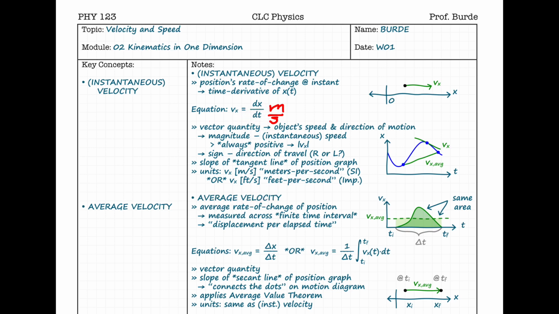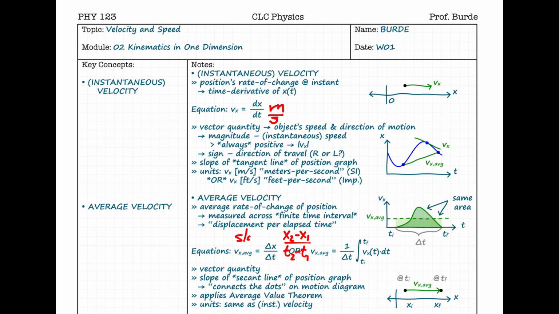So our average velocity can be found by looking at the total displacement over the total time that elapses during this interval. This delta x over delta t ends up looking like x2 minus x1 over t2 minus t1.